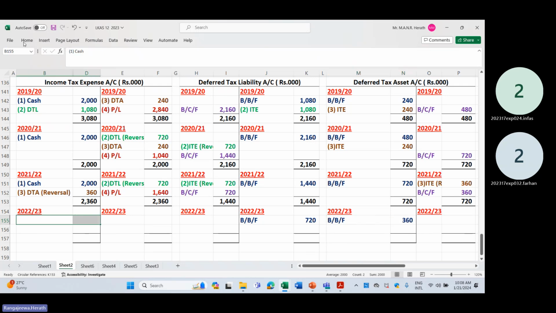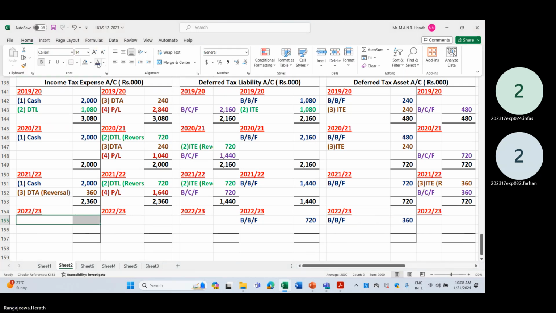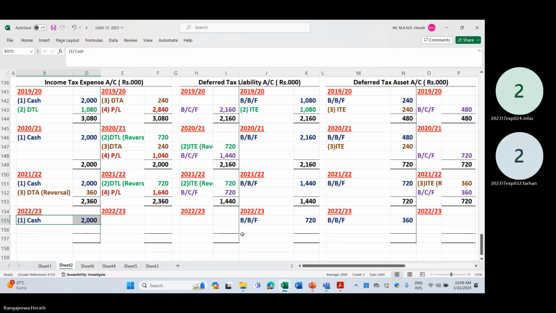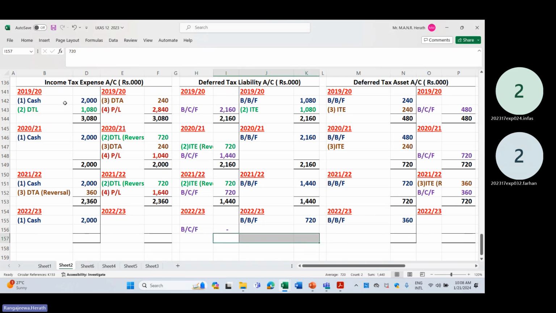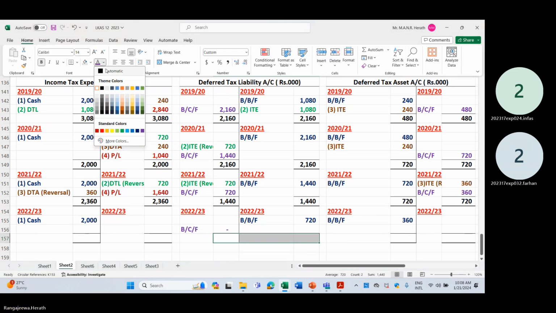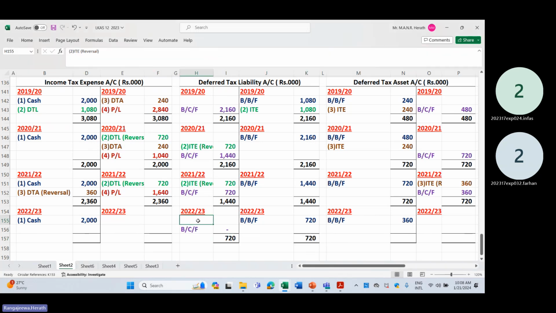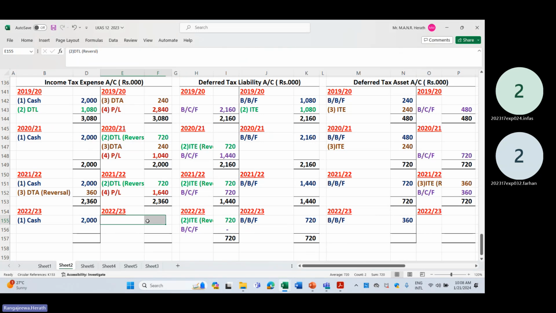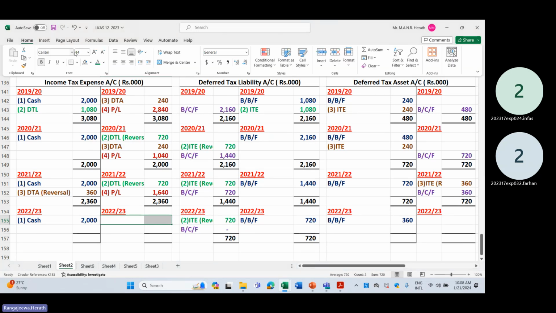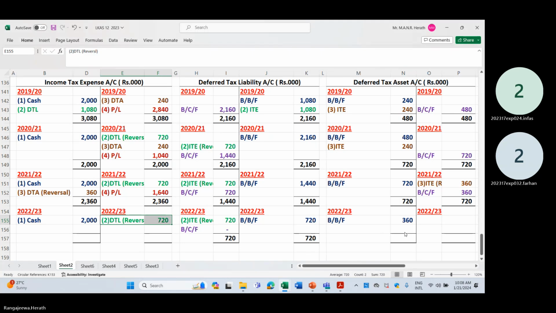Tax paid during the year, self-assessment, 2000. Now carried forward balance 0. Right. The balance is 0. Tax liability becoming 0 means 720 reverses. Entire 720 reverse. So deferred tax liability debit, income tax expense credit. Similarly, deferred tax asset now carried forward balance 0.